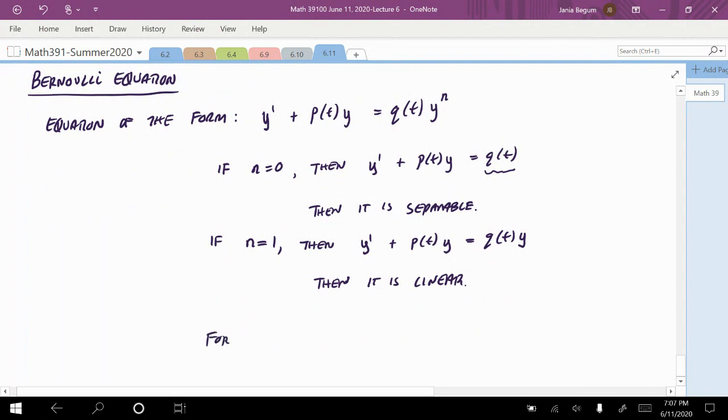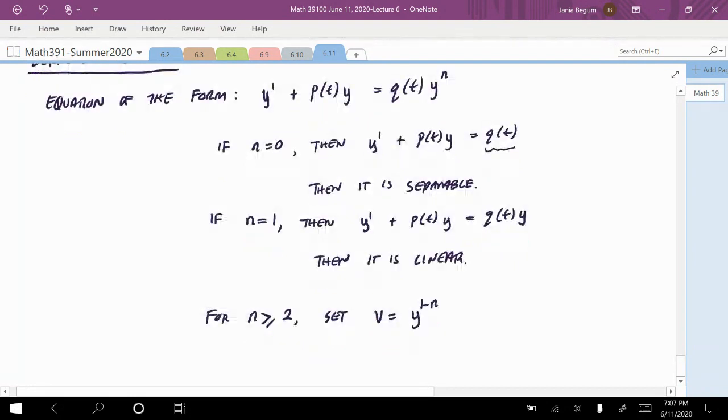Now, for any other value of n greater than or equal to 2, we're going to use the following substitution because it's going to be a nonlinear equation. Think about it. If n is 2, then you have y squared. Y squared makes it nonlinear. So you'll have a nonlinear Bernoulli equation, and we're going to need a substitution to solve this. We will set v equals y to the 1 minus n. That's the magical substitution you use.